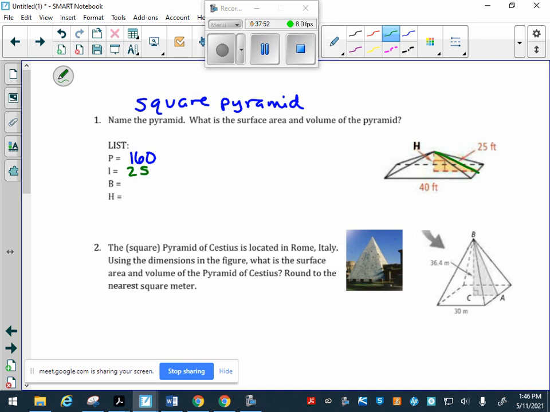Capital B stands for area of the base. Area of a square is base times height, or S squared. 40 times 40. 1600. Well, that leaves H, height.